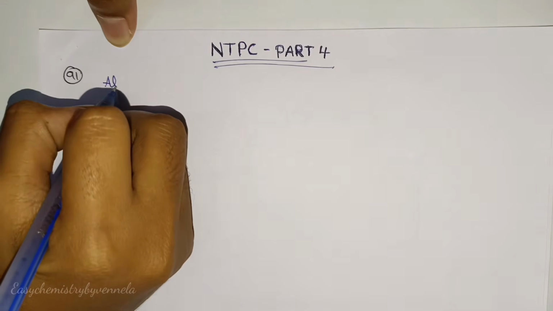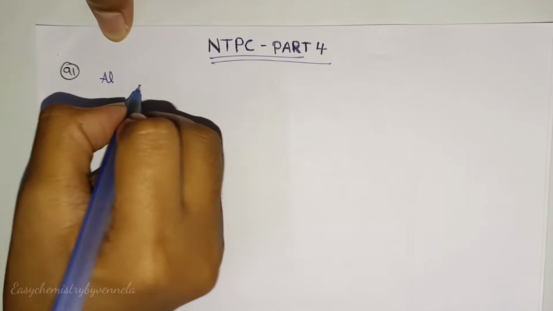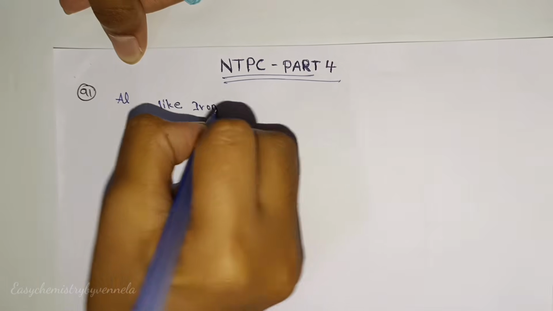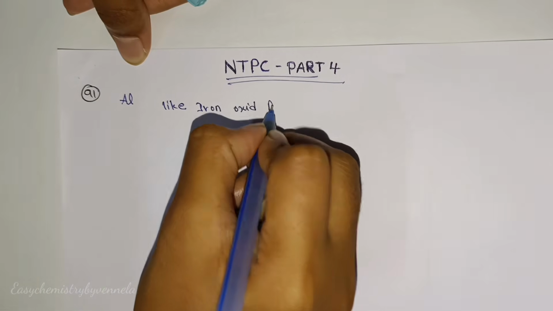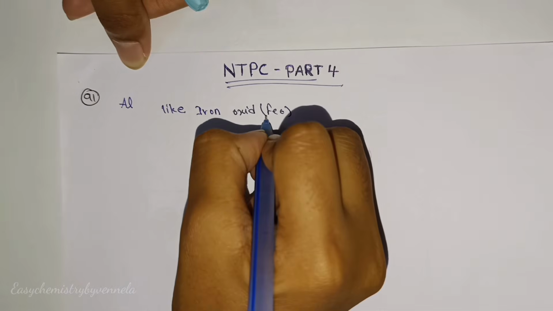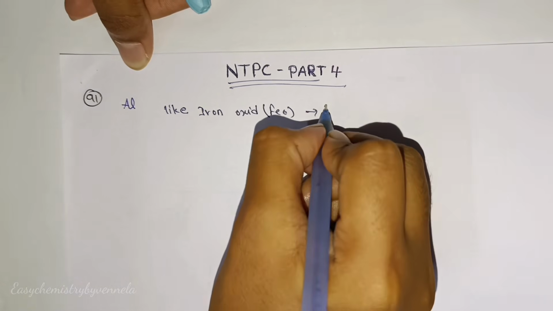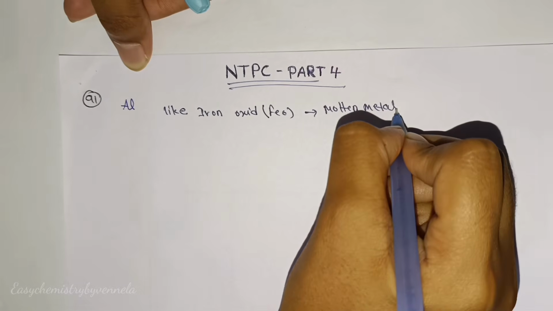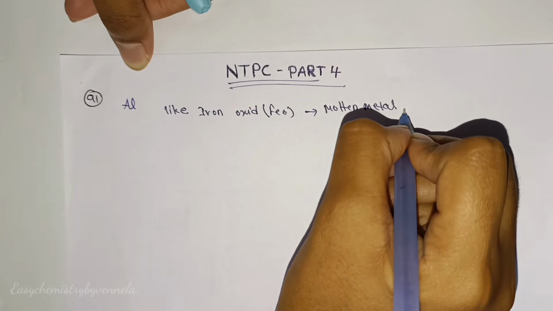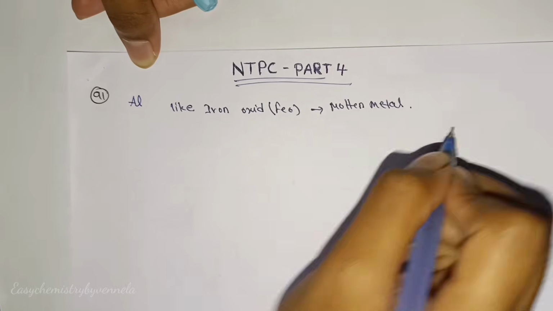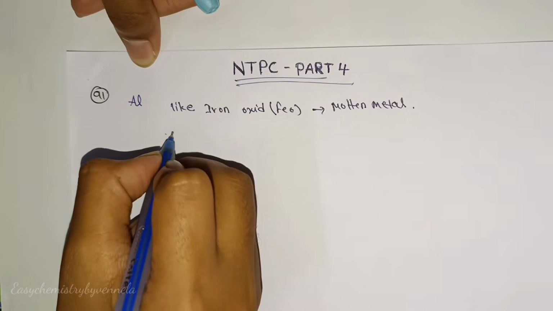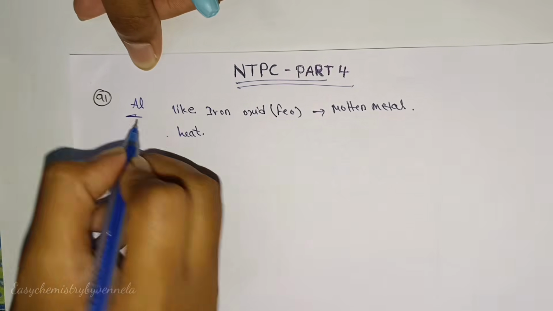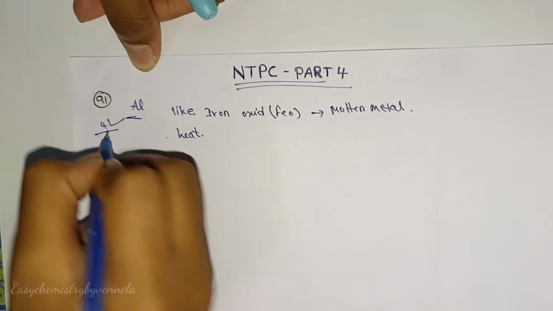Because it reduces metal oxides like iron oxide into molten metal while turning into aluminum oxide and releases a large amount of heat. So the correct option is aluminum. Fourth one is the correct one.